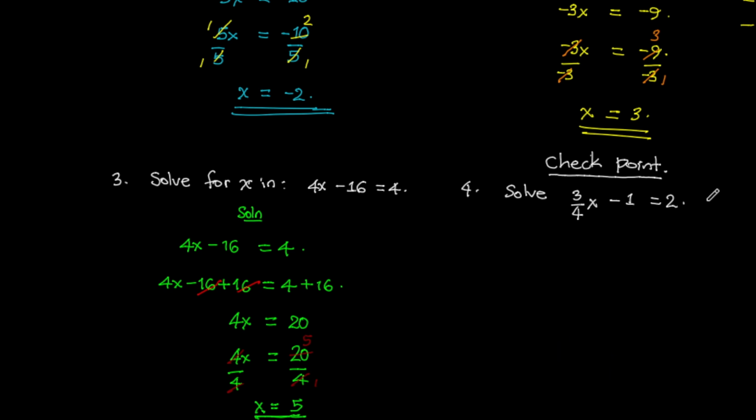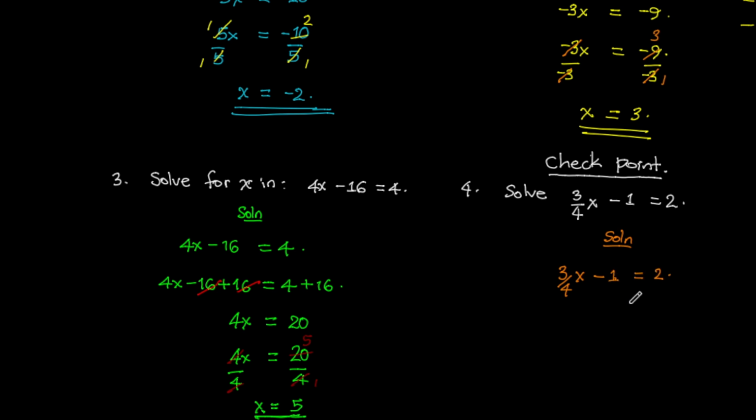So let's take a look at the solution here. As I've already guided you, we have 3 over 4x minus 1 equals 2.